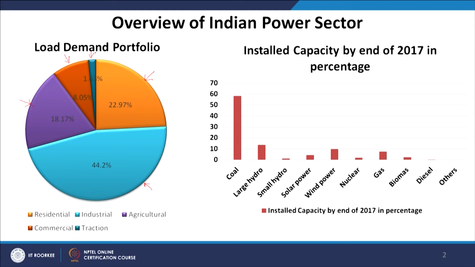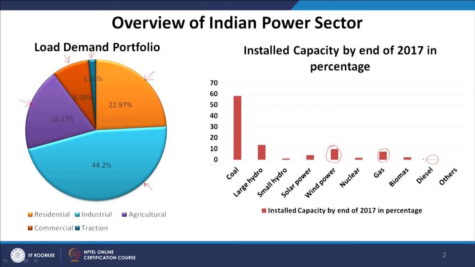Now, looking into the generation side, out of 100% generation, approximately 57 to 58% in India comes from coal, we have large hydro close to 15%, a major contribution of approximately 10 to 12% from wind and 8 to 9% from gas, and a minor percentage of diesel.